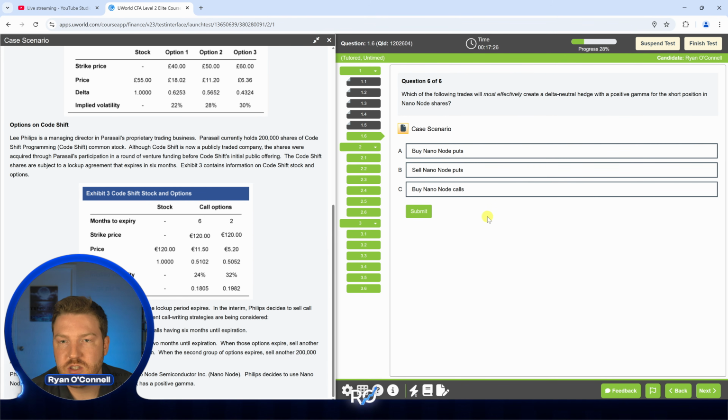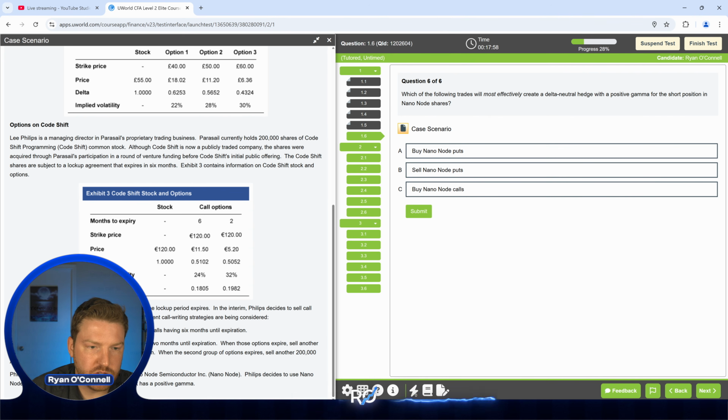So in this one, we're asked, which of the following trades will most likely create a delta neutral hedge with a positive gamma for the short position in Nano Node shares? There's a sentence all the way at the bottom. Philips also has a 50,000 share short position in Nano Node Semiconductor Inc. Philips decides to use Nano Node options to construct a delta neutral hedge that has a positive gamma.